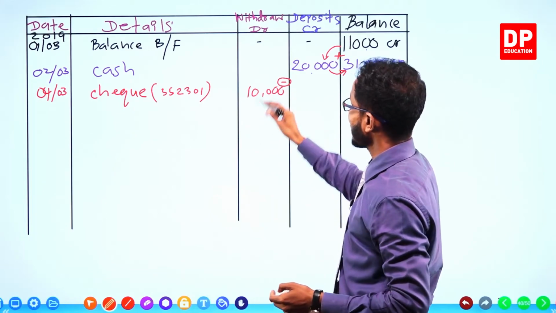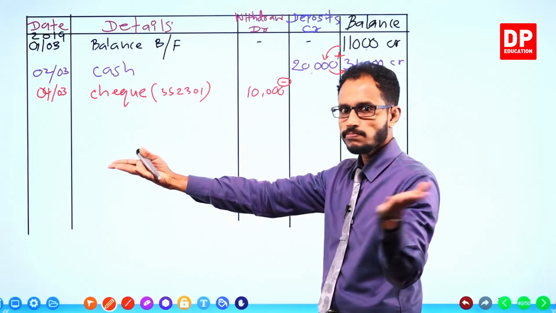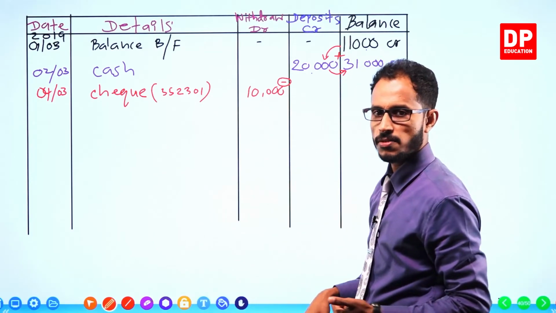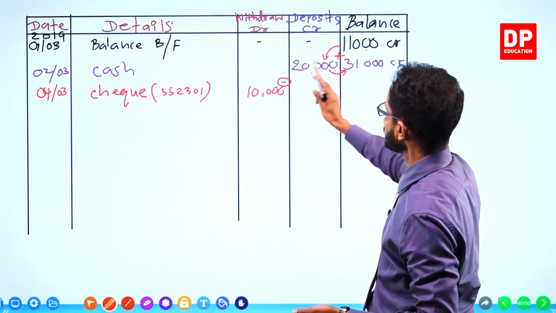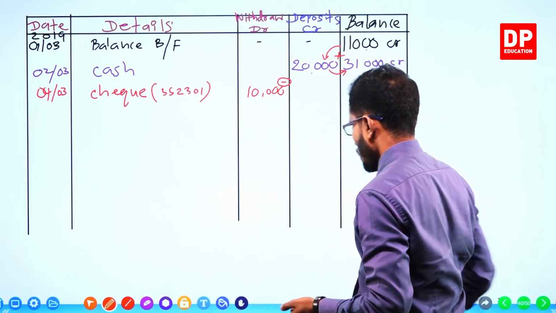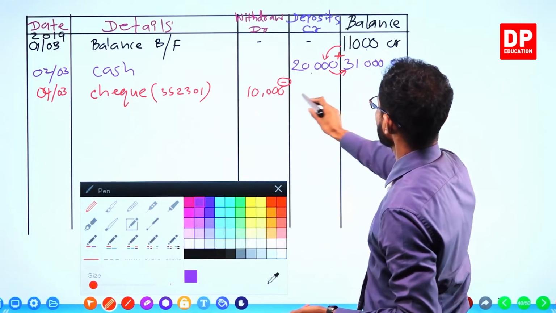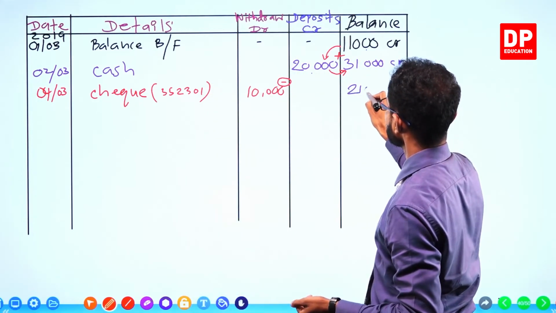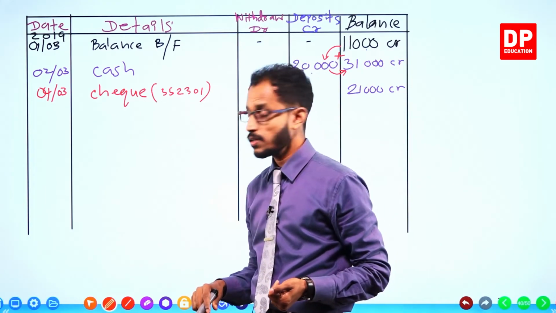Because money is taken out from the bank account. Money goes out. It's an expense, a cash withdrawal. So 31,000 minus 10,000, the balance becomes 21,000 with this transaction. Credit. Got it?